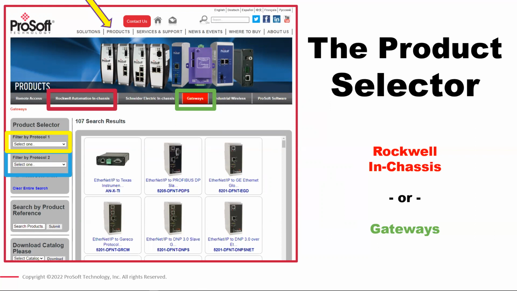You'll select those two protocols and it will spit out the part numbers and potential parts, so you've got a start of what you're looking for to be able to reach out to your Reynolds rep or myself.